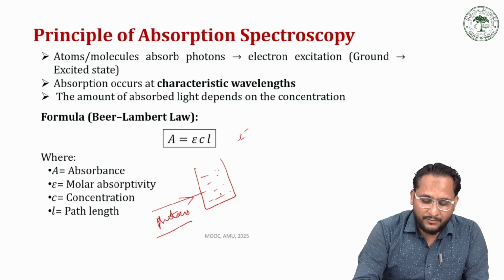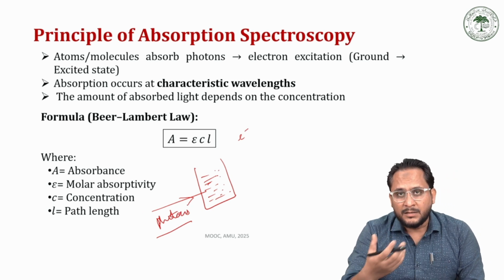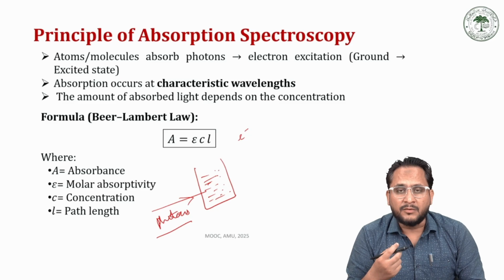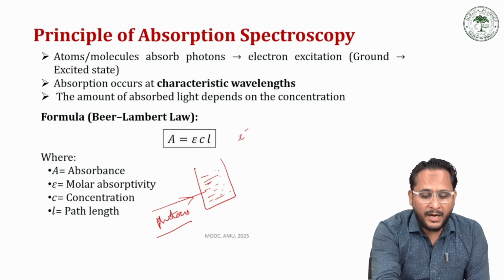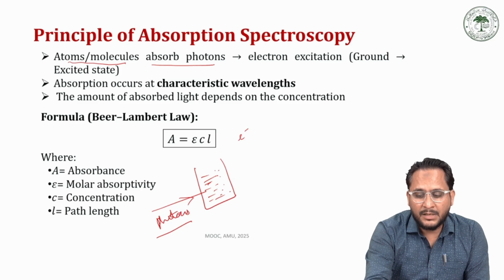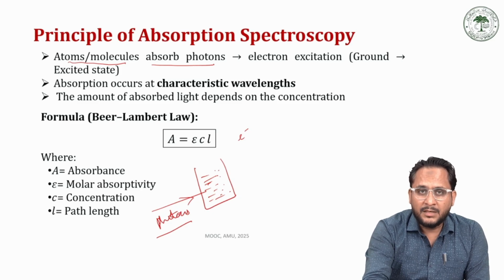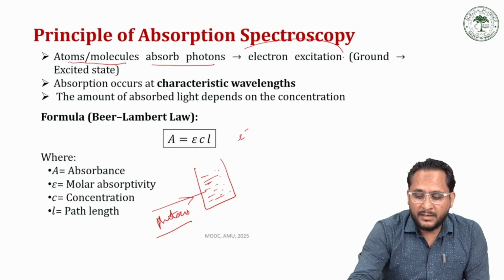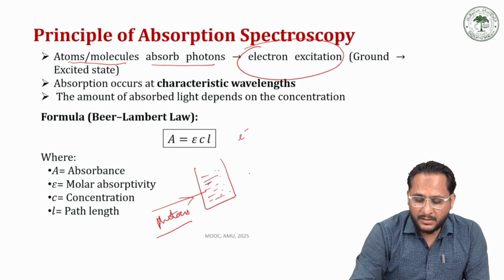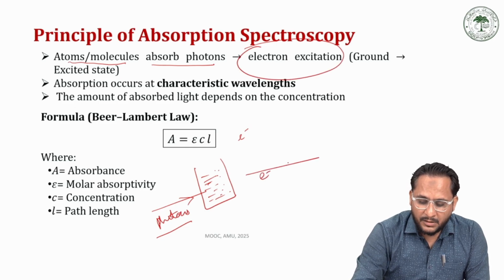So when we have a sample containing atoms and molecules, these are excited by a certain region of electromagnetic radiation. Then the atoms and molecules present in the sample absorb these light photons, and upon absorption of light, they get excited and transfer energy to their outermost electron, and these electrons are promoted from ground state E naught to E1 or maybe to E2.